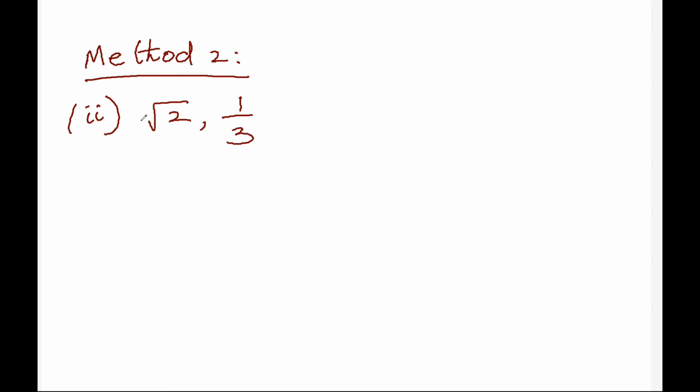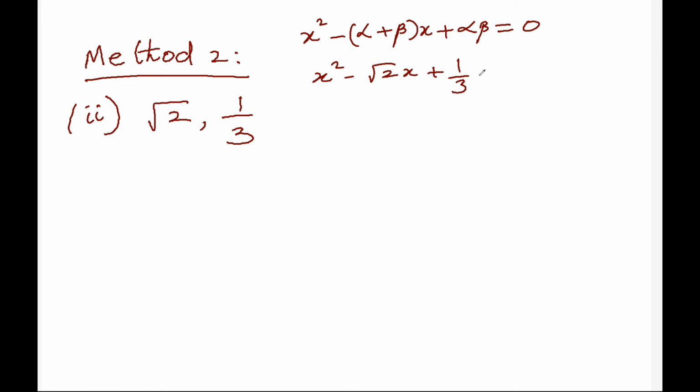Now let's do method 2 for the same question. What is method 2? x squared minus sum of the roots x plus product of the roots is equal to 0. This is the formula. Now sum of the roots is already given, root 2, substitute root 2x and the product 1 by 3. So again we need to get rid of the denominator. For that reason we can take the LCM.